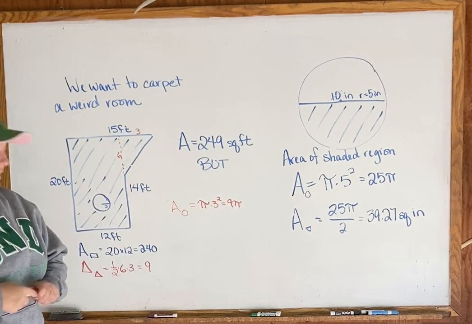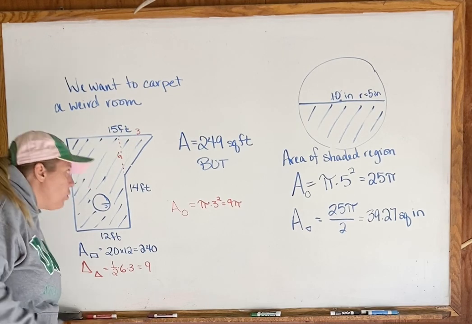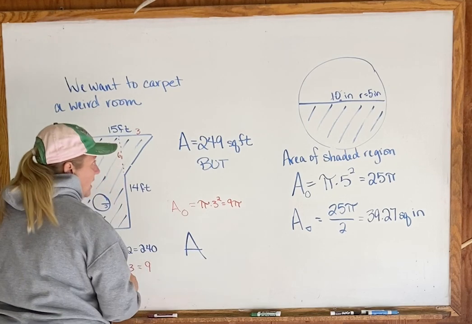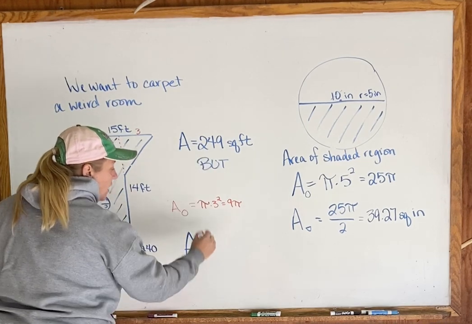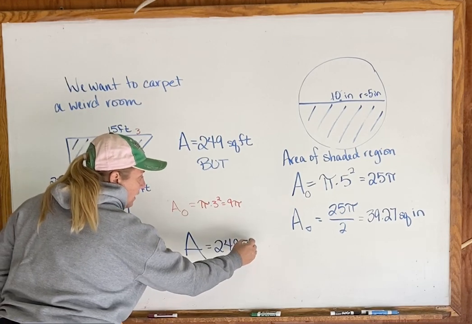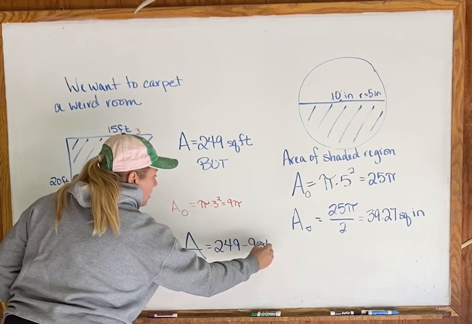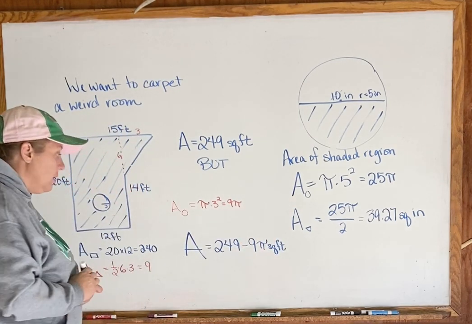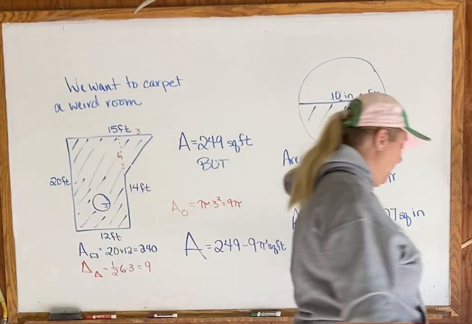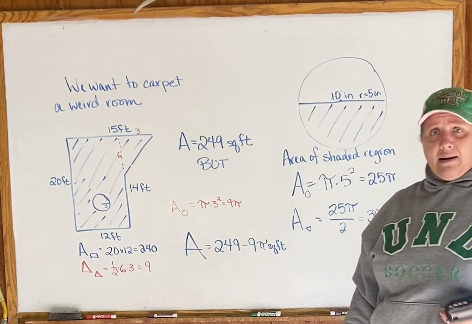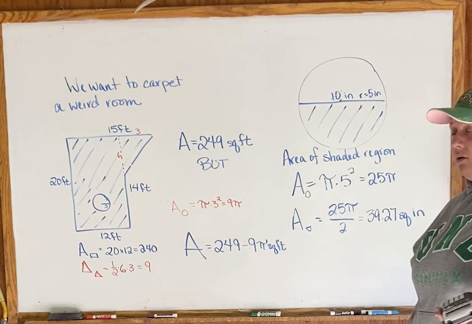But we don't want it, do we? So we are going to say that our complete area is going to be our 249 minus this 9 pi square feet. Okay. So again, if you go to the Home Depot and you ask them for 249 minus 9 pi square feet, they're probably going to go, what?